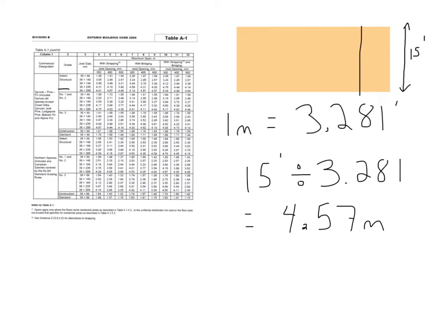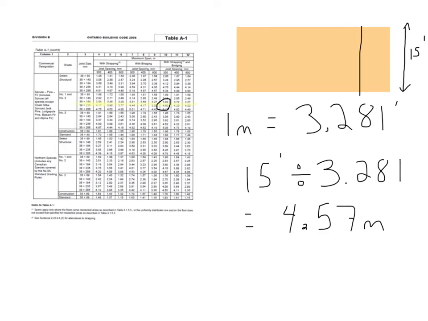The next thing we're determining is the size of lumber. So we're going to use number 1 and number 2 grade lumber, and let's say that we want to go with a 2 by 10, which is a 38 by 235. The row that I'm going to be looking at is right there, at 38 by 235. Now the only number in that row that's bigger than 4.57 meters is right there, 4.6 meters.